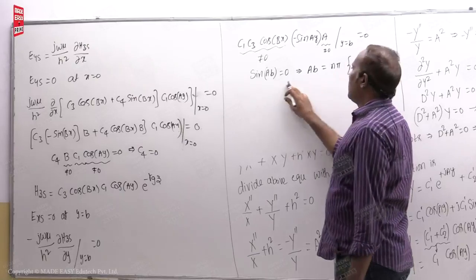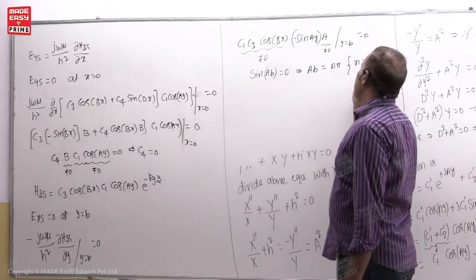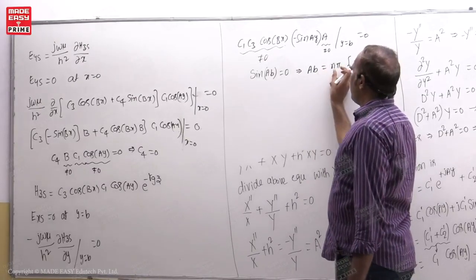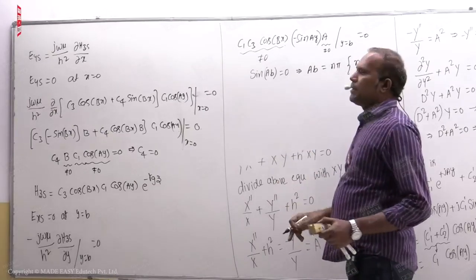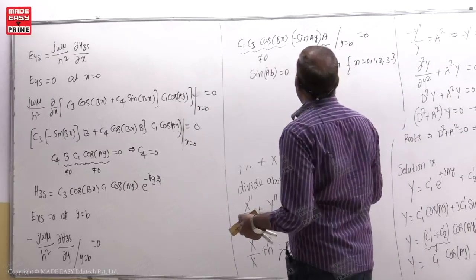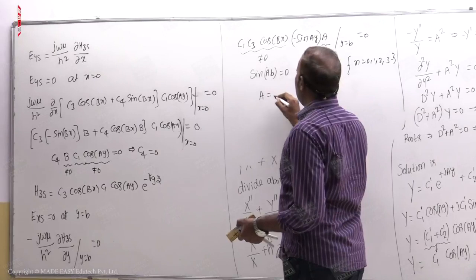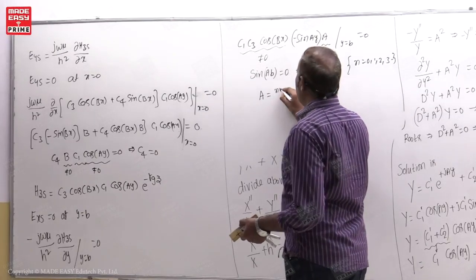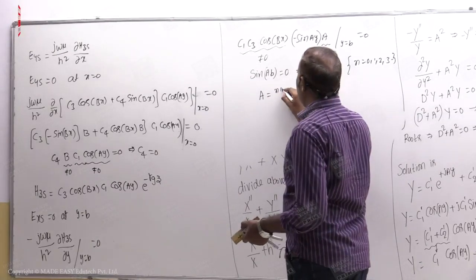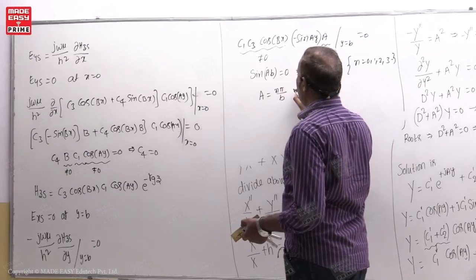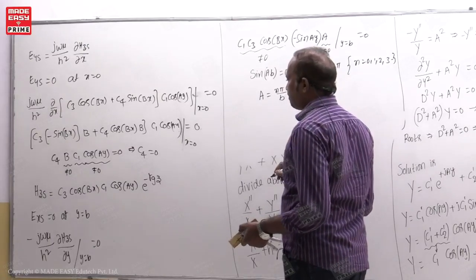So n is 0, sin 0 is 0, then n is equal to 1, this becomes π, so sin π is 0, like that. Now from this capital A is equal to nπ/b you got.